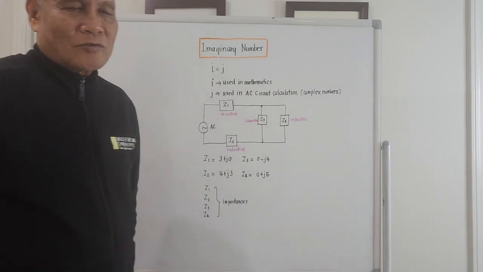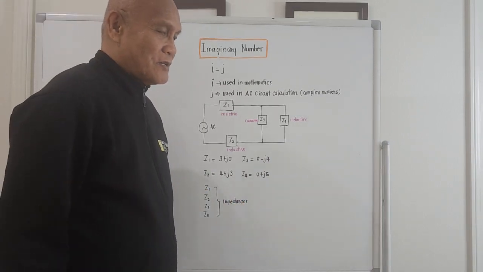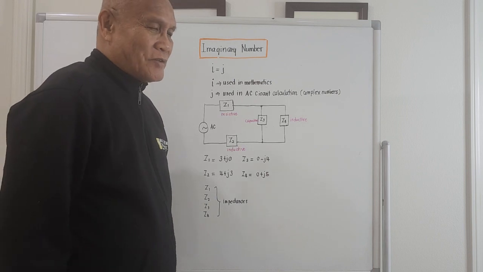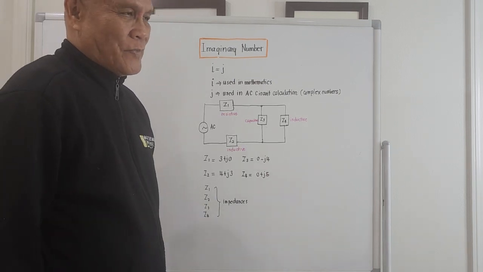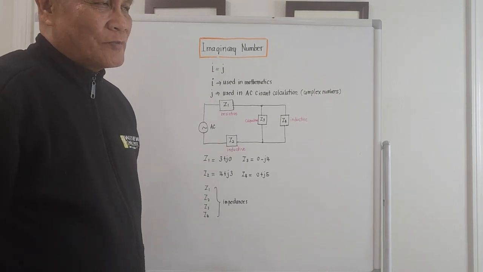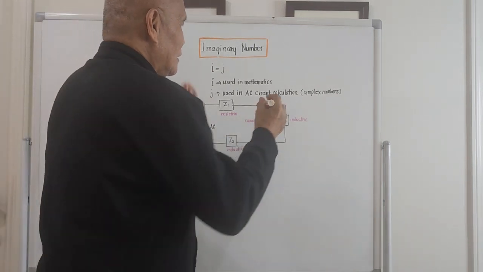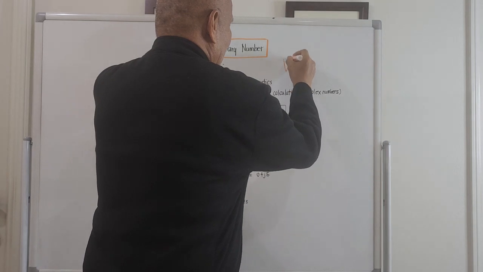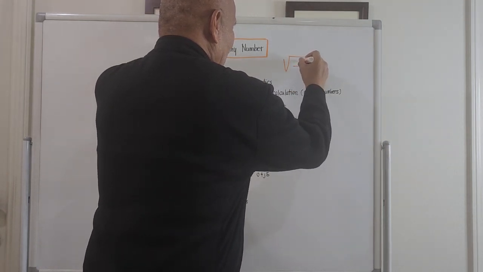So the importance of imaginary numbers is in the computation of the square root of a negative number, like the square root of -4.